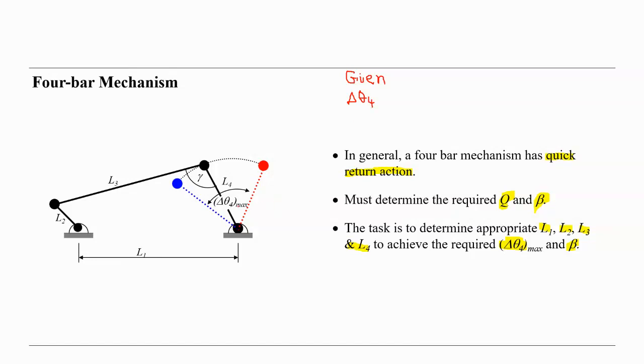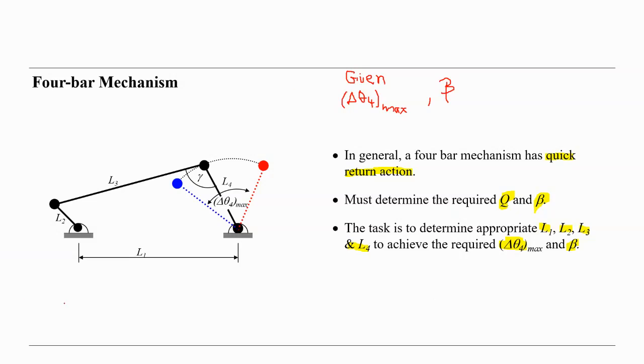So delta theta 4, this one here, maximum, let's say, the max angle, and for the quick return, beta is given.